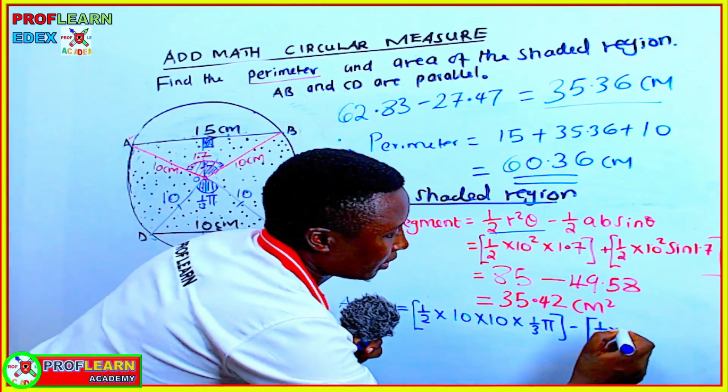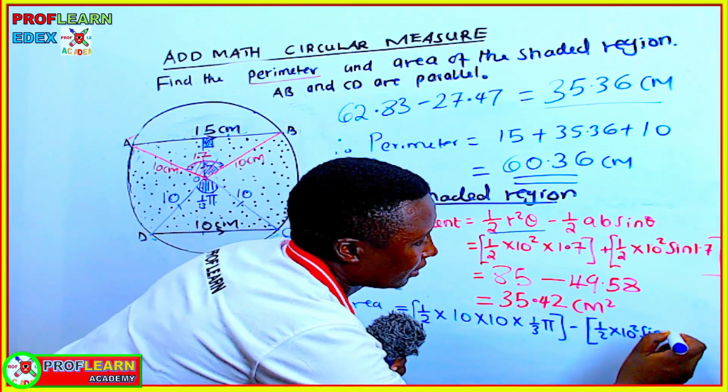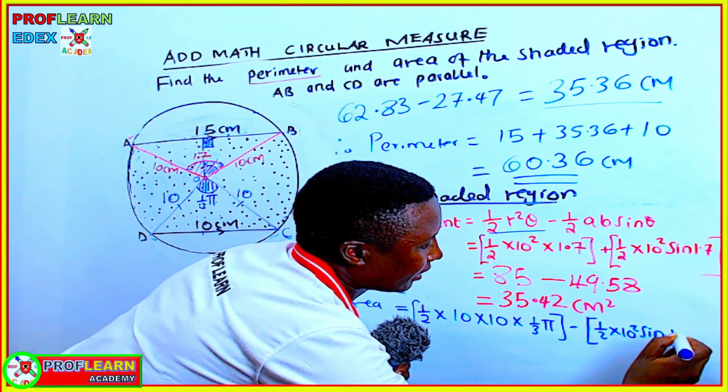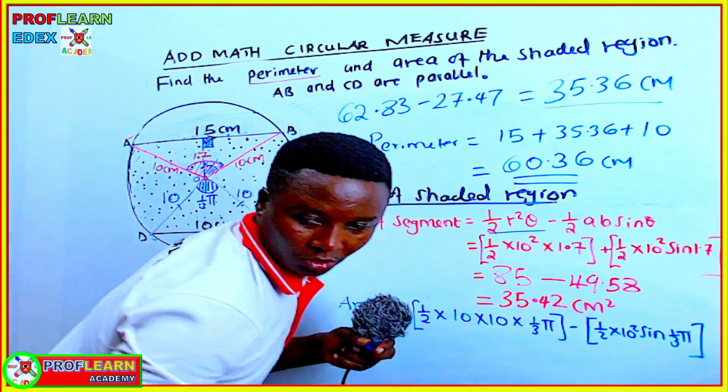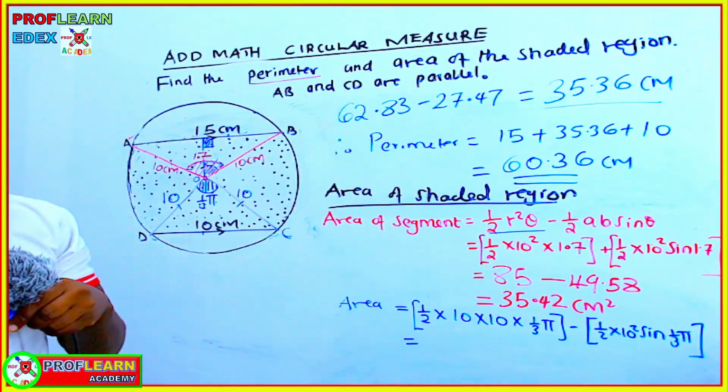So this is a half times 10 squared sine of a third pi.